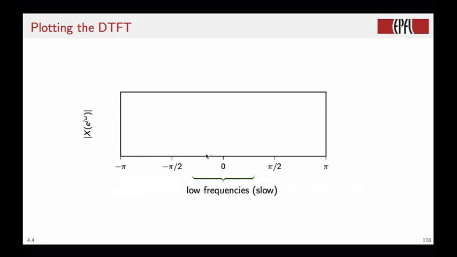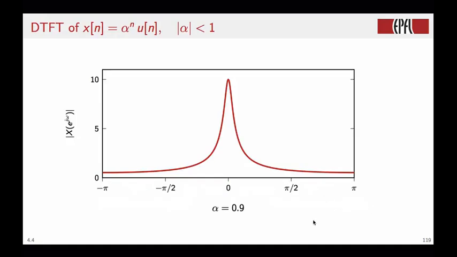The low frequencies will be now centered around 0, and the high frequencies will be on the extremes of the band. With this convention in mind, we can look at the spectrum of the exponentially decaying sequence, and it looks like this for, say, alpha equal to 0.9. So it's a signal that contains energy in the frequency domain mostly around the low frequencies, of course, because it moves rather slowly to 0.